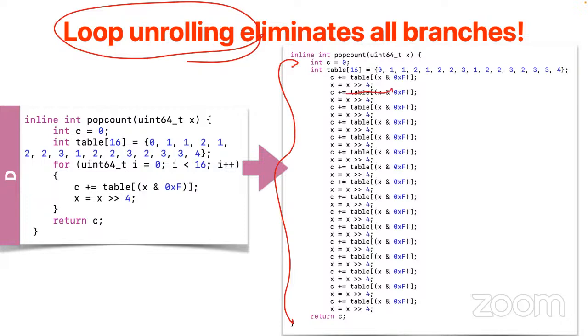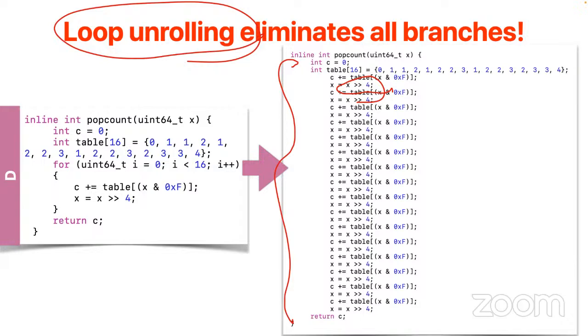And look at this. Do you remember the optimization that we did in version B? We manually modified the shift from 1 to 1, 2, 3, 4. The compiler can do that again here: 4, 8, 12, 16, until 64.